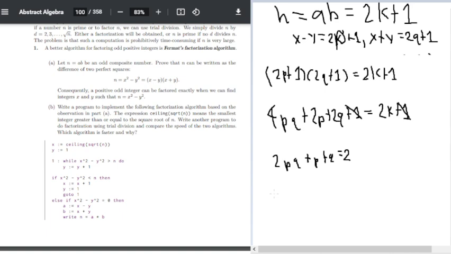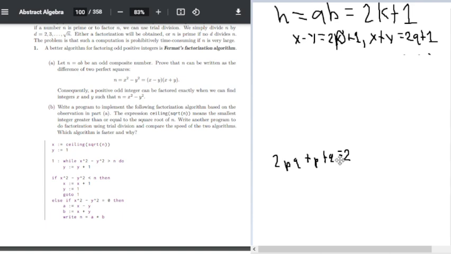When we try, actually wait. Okay. For now, we just keep this as a footnote. So we keep it as a footnote here. Now let's try to solve for this.